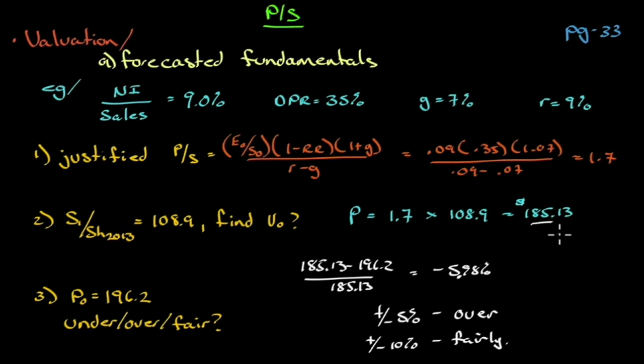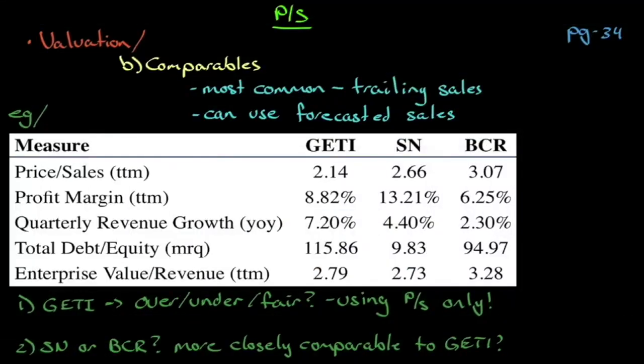In level 1, we were really just looking at the knowledge base. Here we're looking at application of that knowledge base, and the world is fuzzy, so this process has got to get fuzzier for you. All right, let's look at comparables.